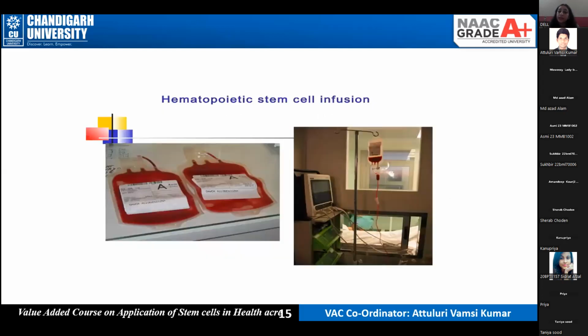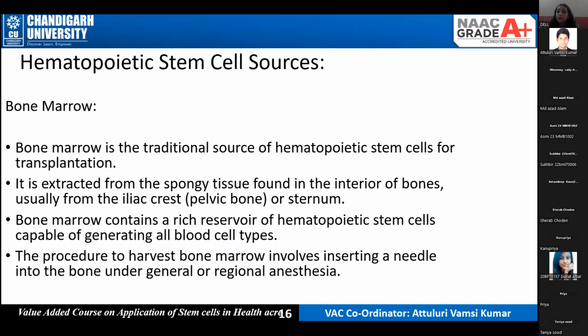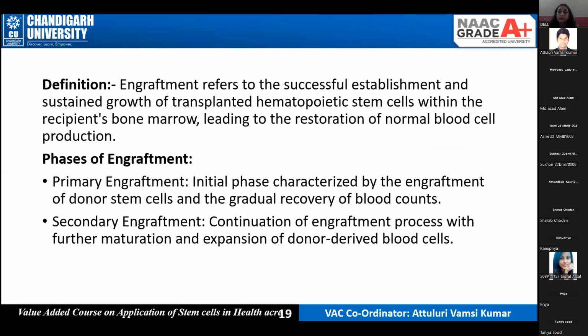This is a hematopoietic stem cell infusion. Now after the transfusion, engraftment is the procedure, or we can say it is a recovery phase which occurs after the transplantation.